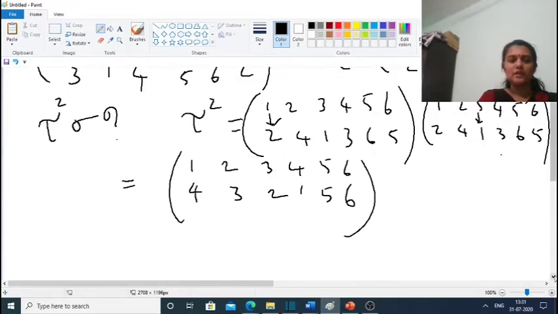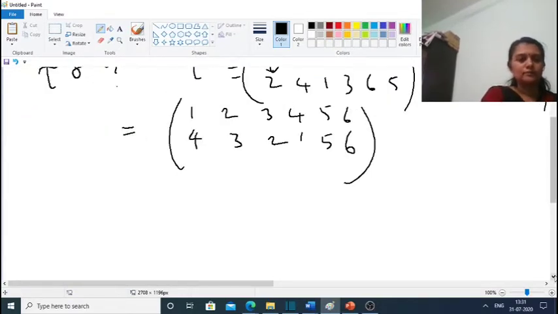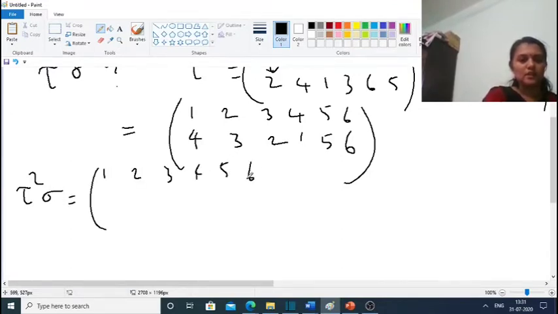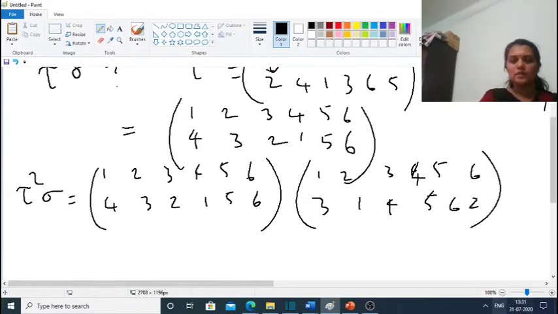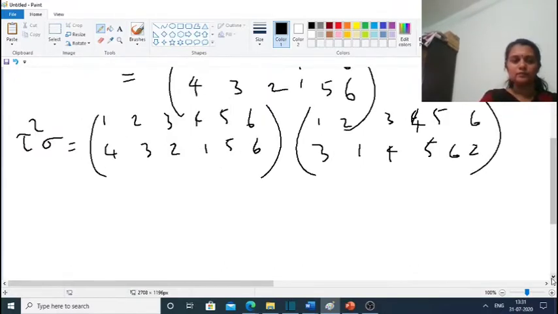Now we have to find tau square sigma. For that, tau square is 1 2 3 4 5 6 over 4 3 2 1 5 6, times sigma, which is 1 2 3 4 5 6 over 3 1 4 5 6 2. From the right side we have to start.